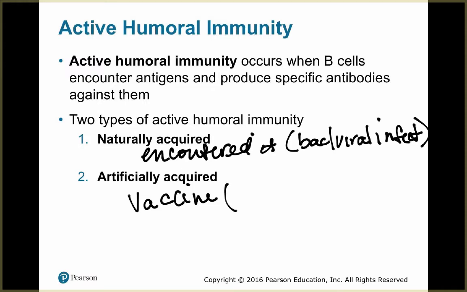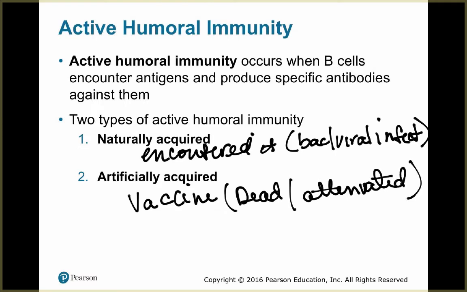And vaccines are basically dead or attenuated, which means they're not as lethal, or as high concentration, or able to replicate as well. They've done something to it to make it less effective. And so when they do this, basically what they're doing is providing antigenic determinants, right?